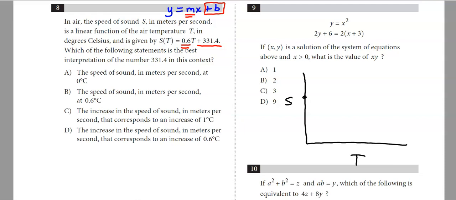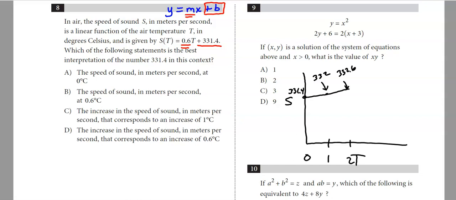So when the temperature is at 0 degrees, and we're talking Celsius here, the speed of sound is 331.4. And then every degree, if I plug 1 in there, I'm going to add 0.6 to it. So we're just slowly creeping up 0.6 more. Now this piece is going to be worth 332 because I added 0.6 to it. If I go 2 more degrees higher, I'm going to add another 0.6, so I'm going to be at 332.6.